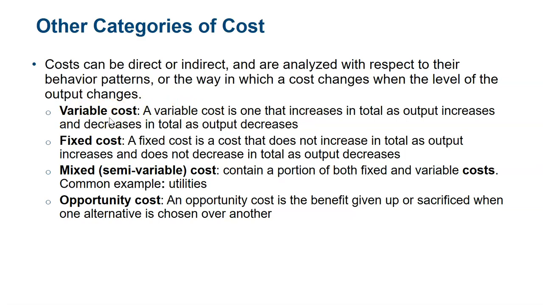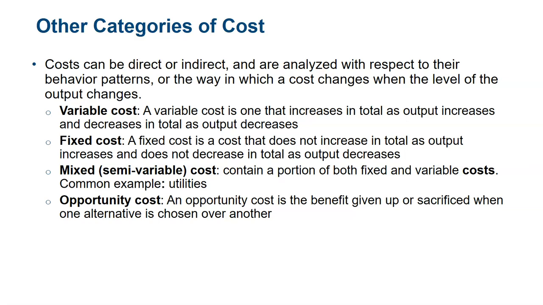A fixed cost is kind of the opposite. It says that a fixed cost is a cost that does not increase in total as output increases and does not decrease in total as output decreases. I'll give you a real good example of this that you can relate to. Now, this is not a good example for business or manufacturing, but a lot of you will have a car payment.